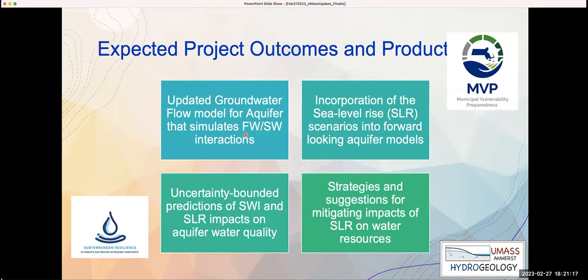As you all know, the questions around sea level rise and how saltwater will intrude the aquifer are really important, not only for drinking water quality, but also for how the aquifer interacts with different surface water features such as the ponds and the streams that you all care about. And one of the things we're trying to do, really pushing the envelope, is to use different understandings of how sea level might change into the future, and then incorporate those into different assessments of how the aquifer will respond to those changes.